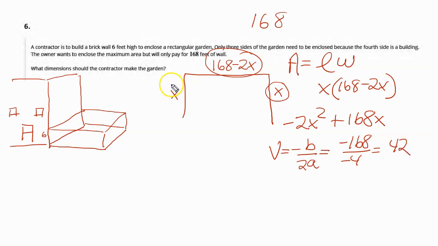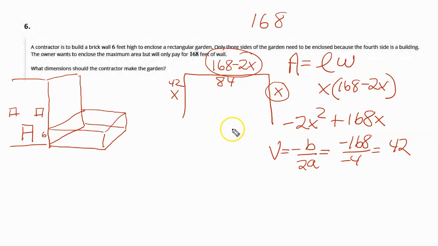So we know x then is 42. Well, we have a 42 here, a 42 there. That gives us 84, which is this that we subtract from that, and this becomes 84.